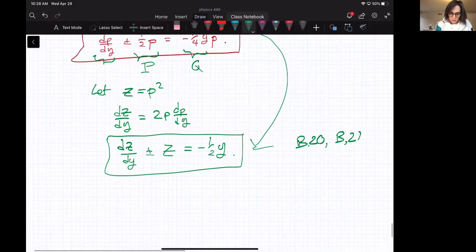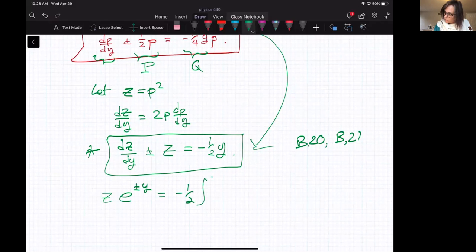So given that we've just written it this way, we can write that the solution to this equation is z times e to the plus or minus y is equal to minus 1/2 times the integral on y of y prime e to the plus or minus y prime dy prime.